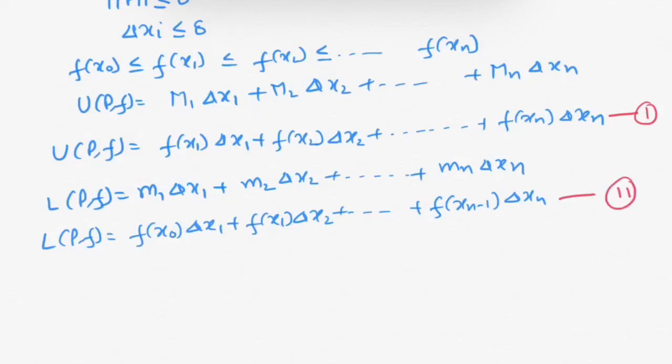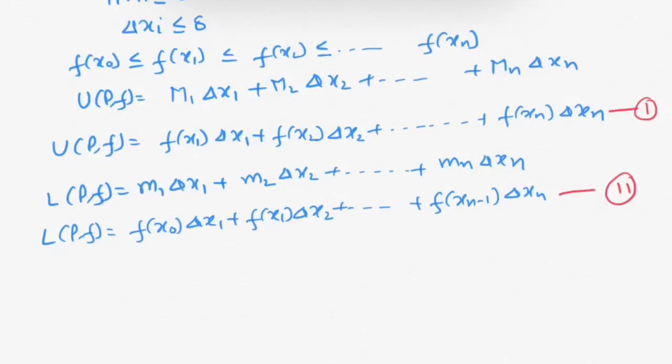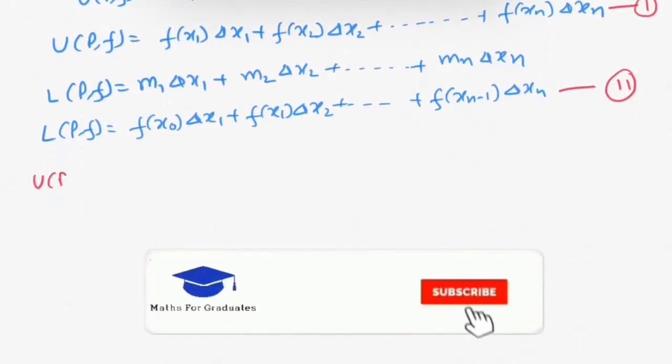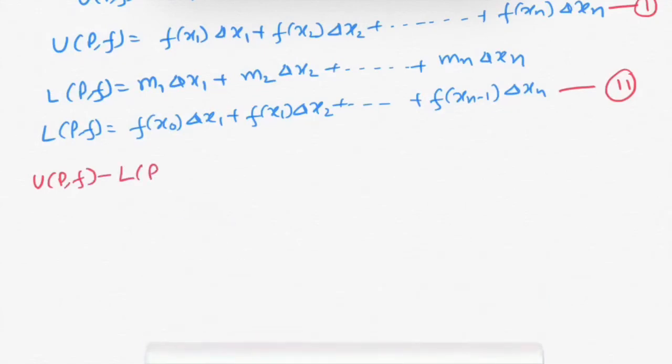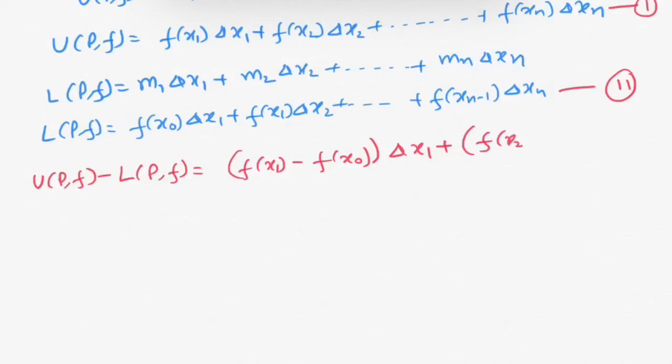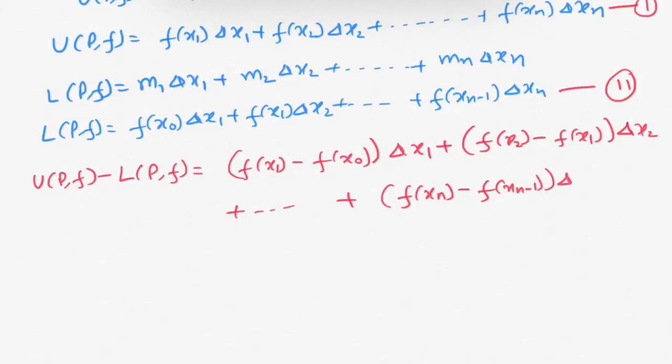So now subtracting equation 2 from equation 1, on subtracting we have U(P,f) minus L(P,f) equals (f(x1) minus f(x0)), taking common delta x1, plus (f(x2) minus f(x1)) into delta x2, and so on, (f(xn) minus f(xn-1)) delta xn.